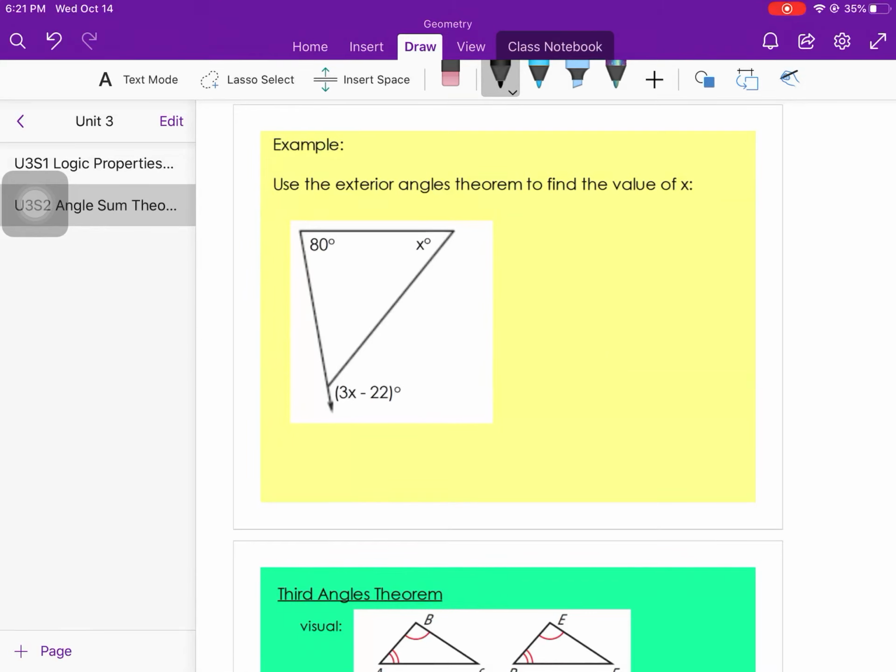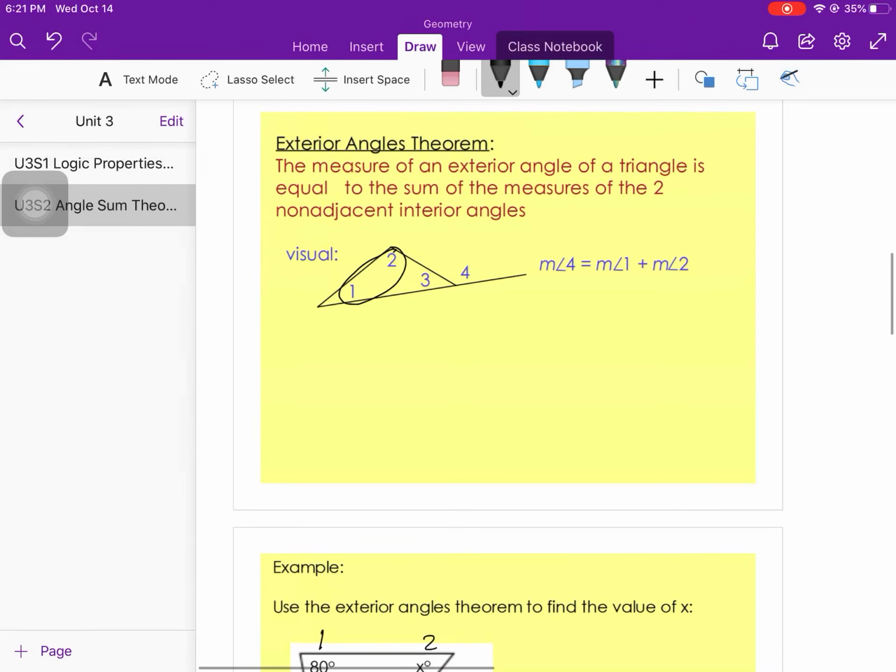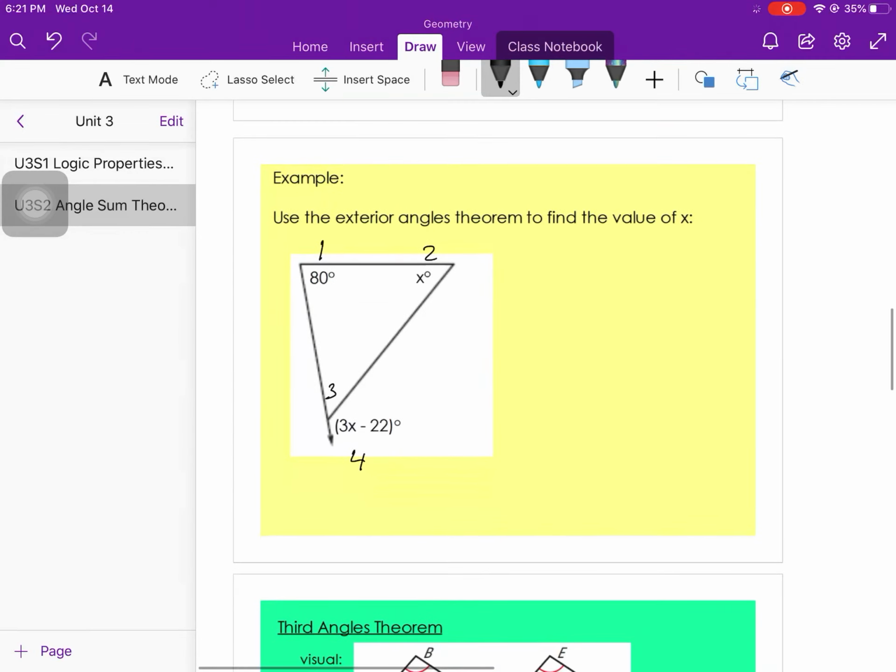Okay, the next one, use the exterior angles theorem to find the value of x. So this time it's a little bit different because we have 1 and 2. Here's 3, which we don't need, and here's 4. So we know that 1 and 2 together have to add up to make 4. So 80 plus x has to equal that 3x minus 22.